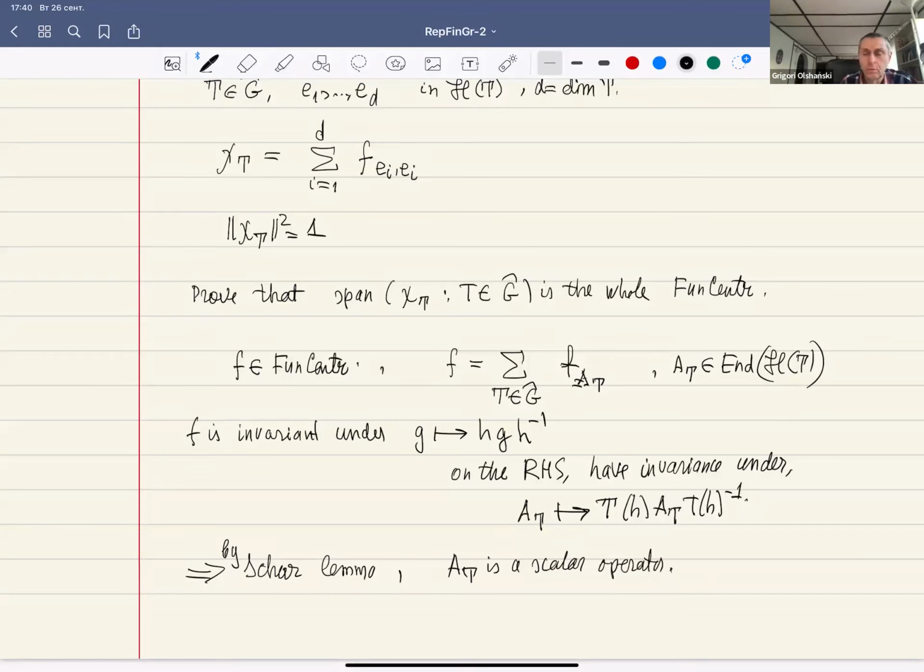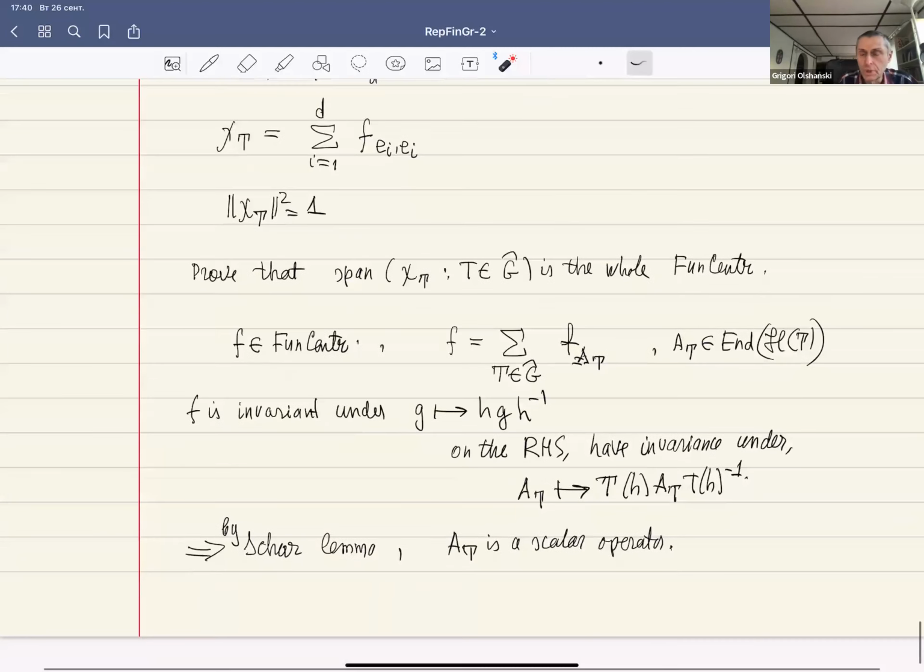But what does it mean? If we take the generalized matrix element corresponding to a scalar operator, this is a scalar multiple of the character. Because if you take the identity operator, this object is just the trace. Okay, so we conclude that our invariant class function is a linear combination of the characters. Okay, so is it clear?